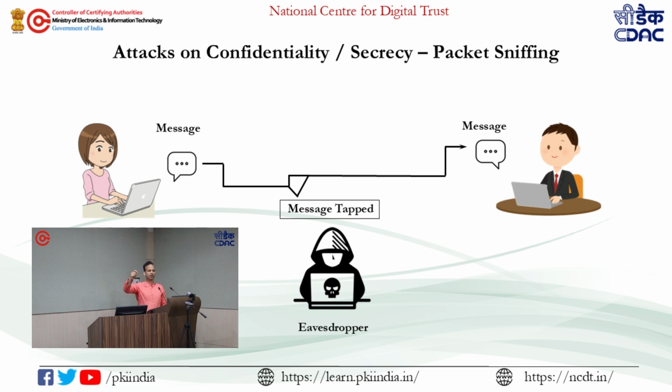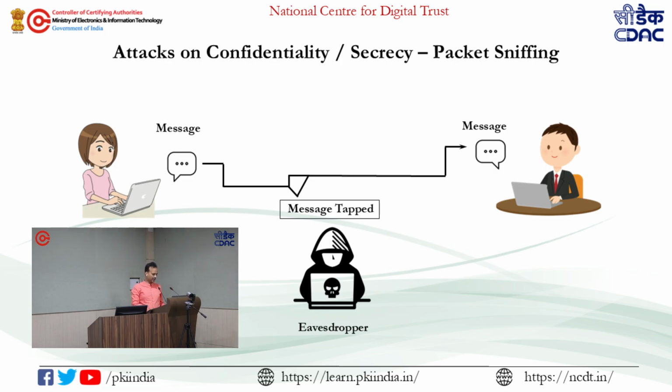Through some router, through some switches, some cable. So anybody in between on that wire can do a tapping and they can see what data is going. For example, if you are a technical person, maybe you will know about Wireshark, using which I can see what content is traveling on the network. Totally possible. So this is an attack on confidentiality, that somebody can see what data is flowing on the network.